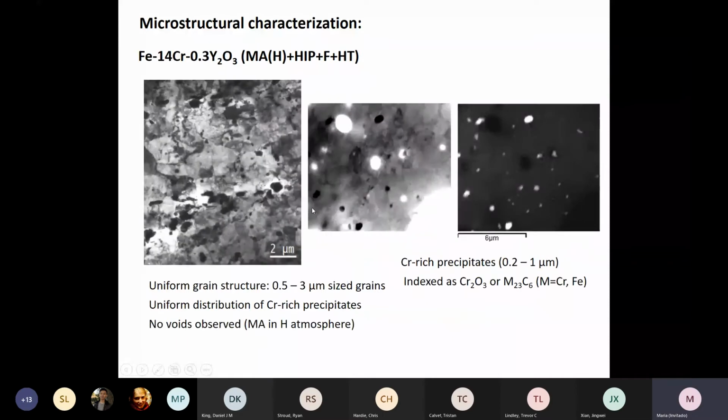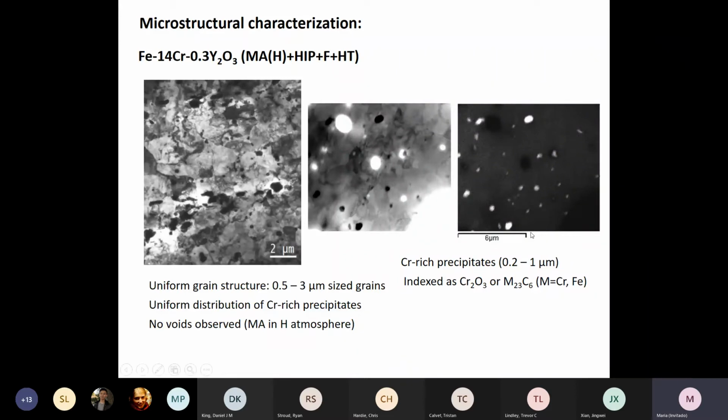And in here, if we look at the same composition but prepared in a hydrogen atmosphere, we see that the duplex microstructure is not there anymore. Okay, we just get a uniform grain structure that provides a more homogeneous microstructure. We can observe the chromium-rich precipitates.